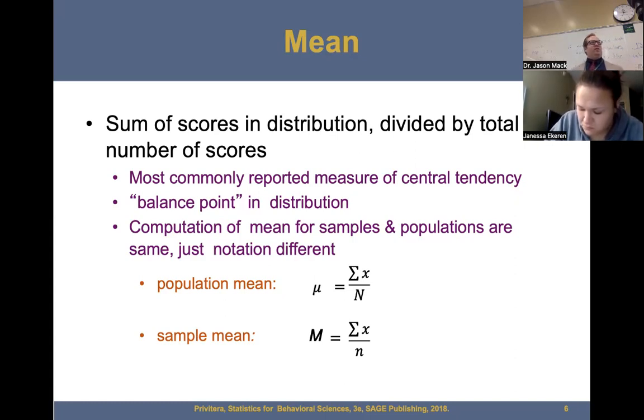N is the number of things that are in there. For a deck of cards, the N would be 52. That's the total number. Those will come back later.